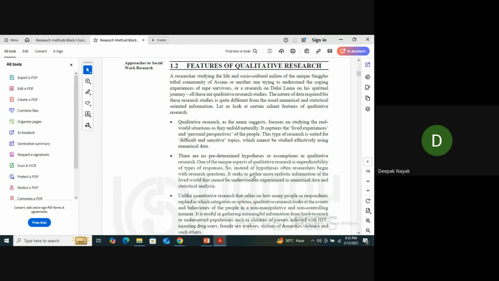As I said briefly, if you go through this material here, qualitative research tries to understand problems in the real life, real world situation, and unfold the truth very naturally as it happens in lived experiences, from the personal perspective of the people.